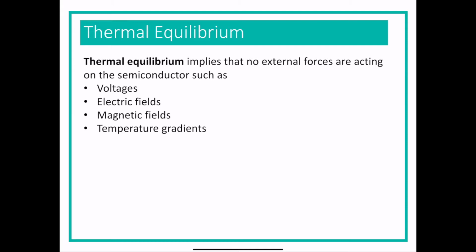Even though they look static, they're really not, because electrons never stop moving, which means holes never stop moving. They're always going to be moving around. And we're going to begin to talk about how many electrons and holes there would be in a material, and then what happens when we start to add impurities, which will take a little while to get to. Not all of this will we do today.